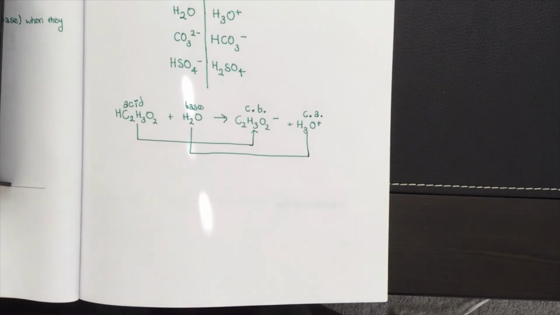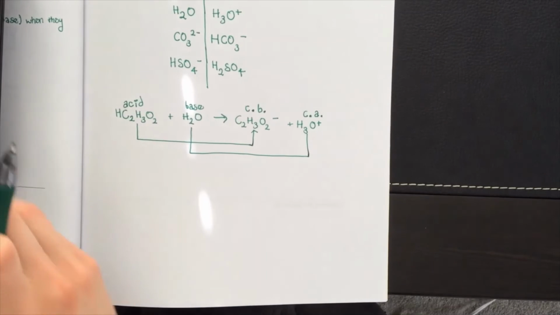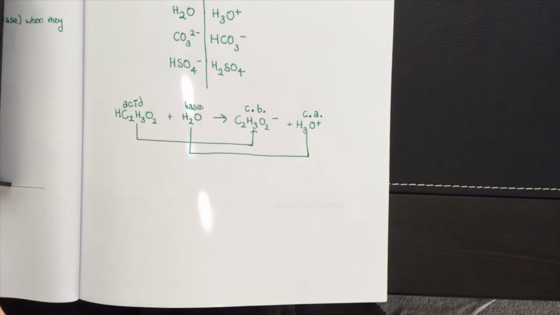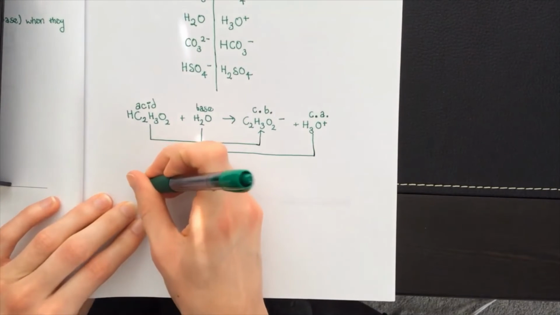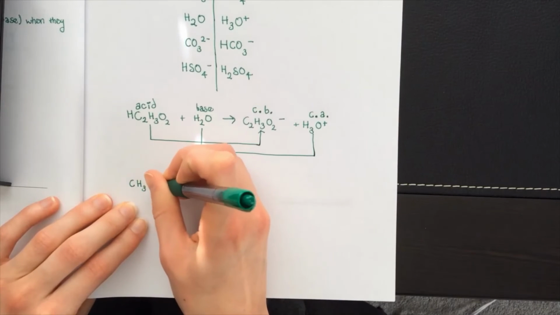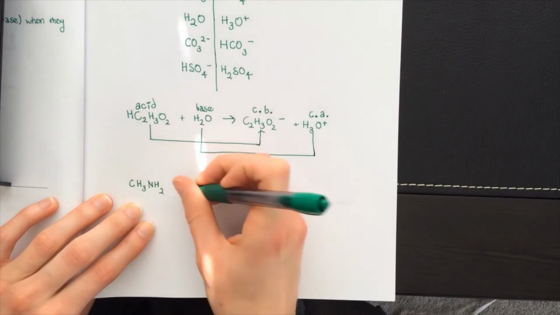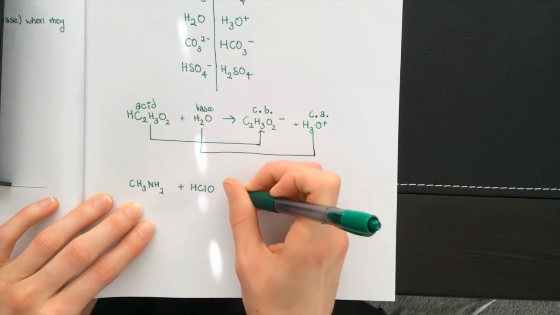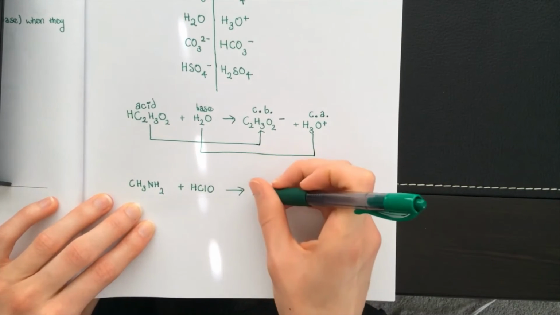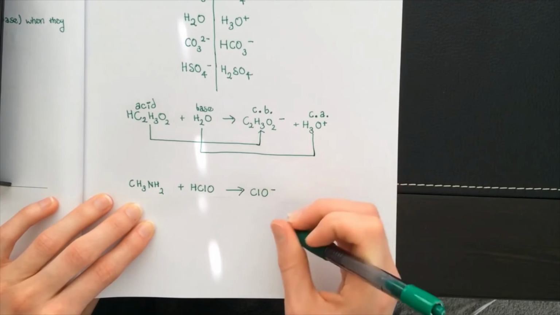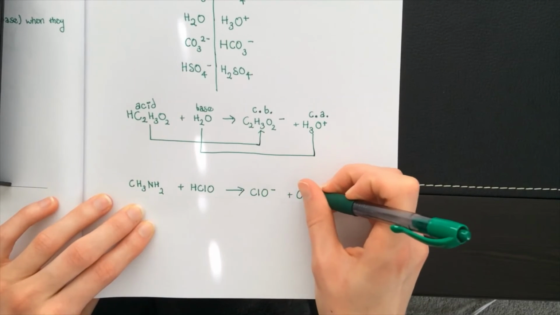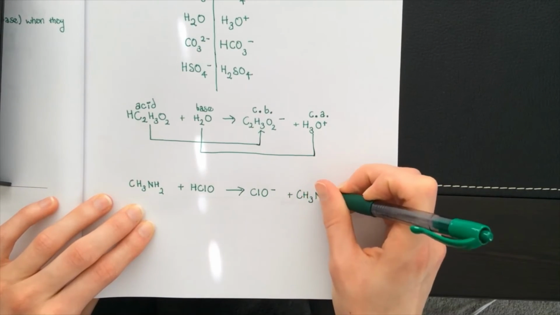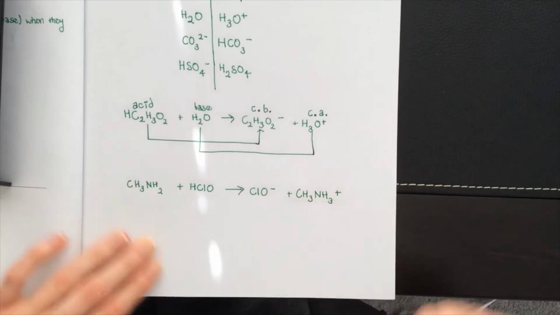Okay, let's do just one more because I know this is a bit tricky. You guys can do this. We're going to have CH3NH2 plus HClO making ClO minus plus CH3NH3 plus.